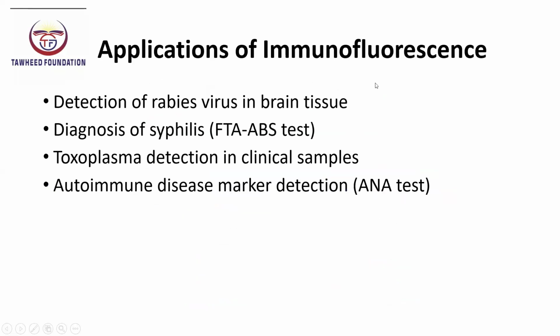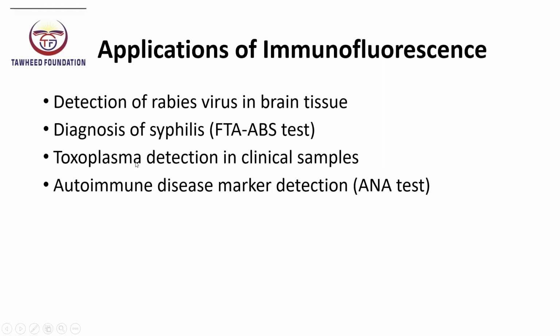Next is applications of immunofluorescence. Immunofluorescence is used in a wide range of clinical and research applications. It is a key method for detecting the rabies virus in brain tissues, providing rapid post-mortem confirmation of infection. It is used in the FTA-ABS test, that is fluorescent treponemal antibody absorption, for the diagnosis of syphilis.